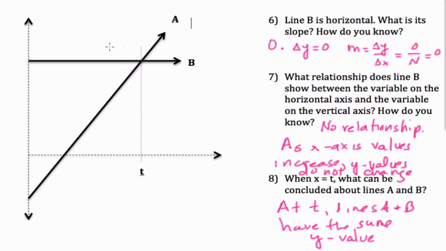And that's all that tells me. So at this point here, whatever this y value is, B has that y value, A has that y value. At this point, both of them would have this coordinate pair where the horizontal value is t and the vertical value is y. And that's all that tells you.